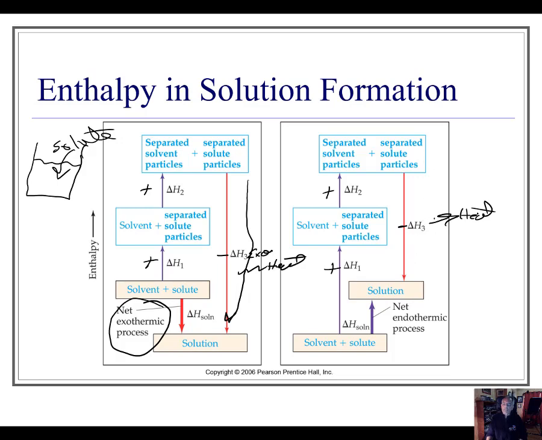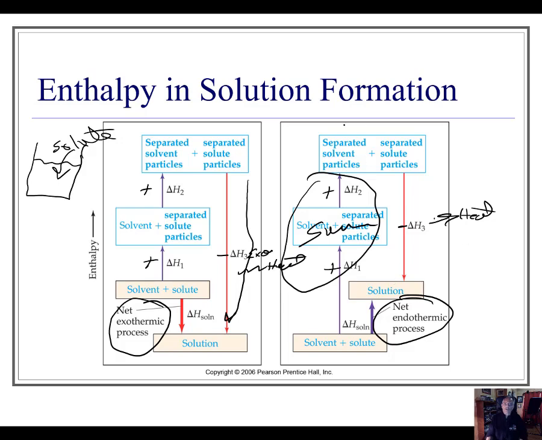If I add up the negative delta H to the two front-end positive delta H's and that winds up being a net positive, that's a net endothermic process because the sum of these two values was greater than the amount of heat released.